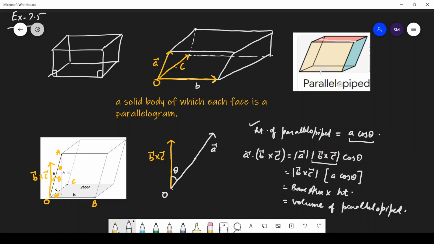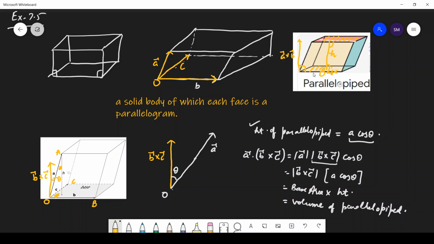So the height will be the perpendicular distance between these two planes. Do you agree with it? Yes, sir. And here also A cross B is perpendicular to this base. So both these are perpendicular to the base. Agreed?